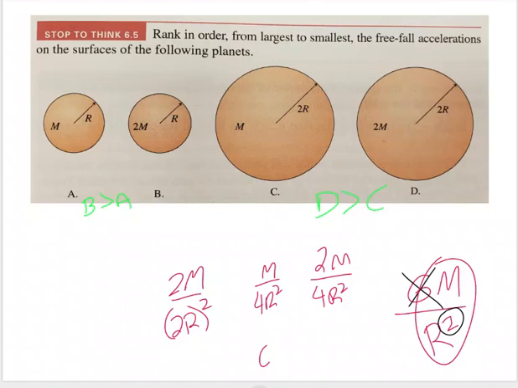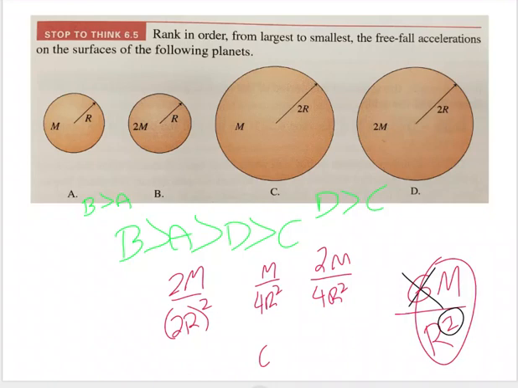So C is actually less than A, and D is definitely less than A. And we know that B is already greater than A. So now we can put everything in order. We wind up with B is greater than A, and we know that A is greater than both C and D. So we go D and C, and that's our answer.